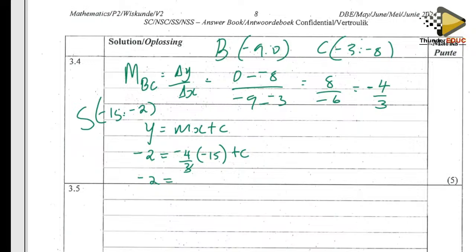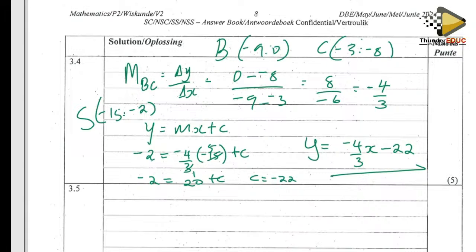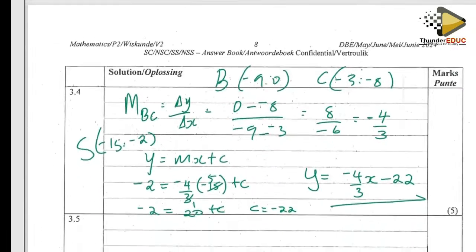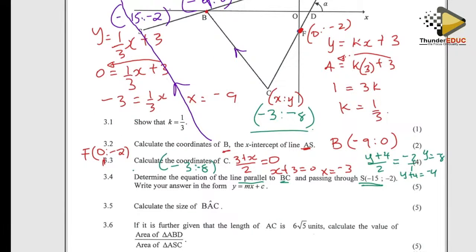Negative 2 is equal to, 3 into 15 is 5, that's going to be 20 plus c. Move the 20 that side, which means c is negative 22. So my equation is y is equal to negative 4 over 3x minus 22. Okay, so that is what I'm going to have for that particular part.